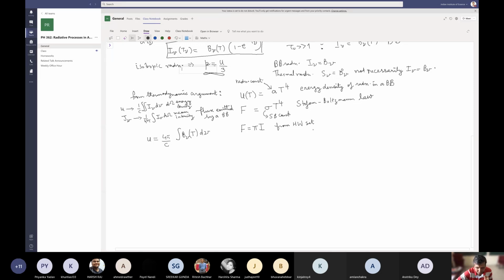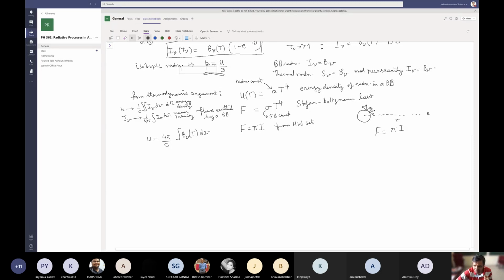I had asked you to prove that if you have a spherical emitter, and you're observing it from some distance r, the flux at a distance r is equal to pi times the specific intensity. This is an isotropic emitter, and it emits specific intensity I from all points in all directions.